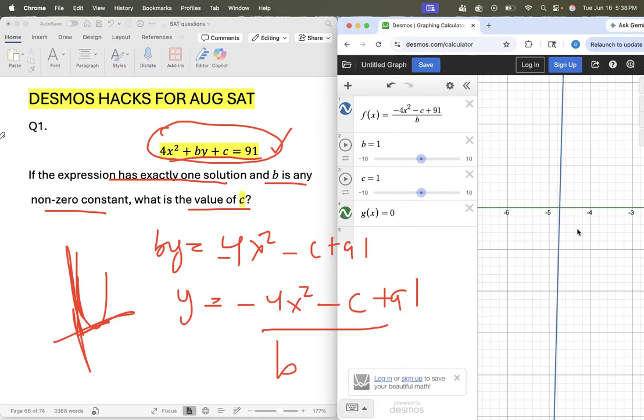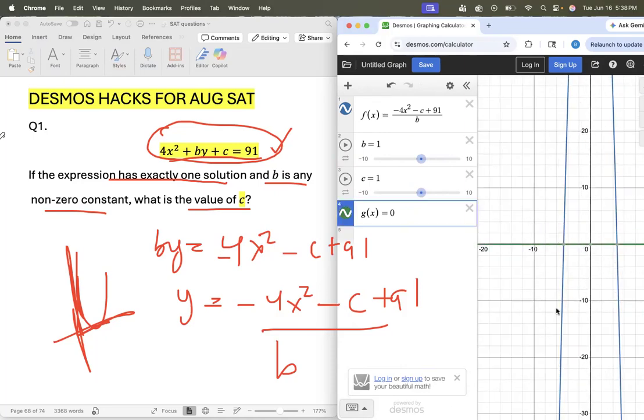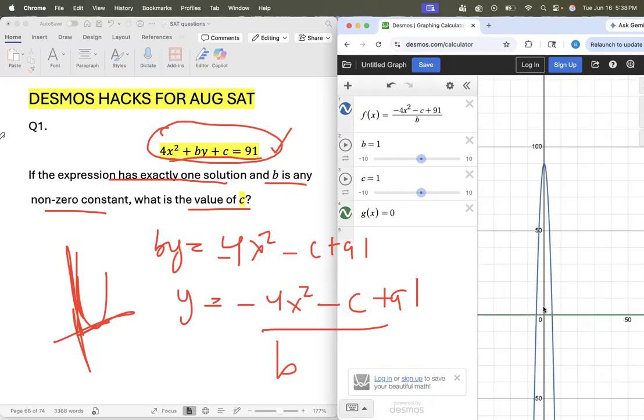That's all. Now I can see I have a graph right here, and the apex is at the top. We said exactly one solution, right? And b is a non-zero constant, that's why I make it 1. So it's gone. Now I need to worry about c.